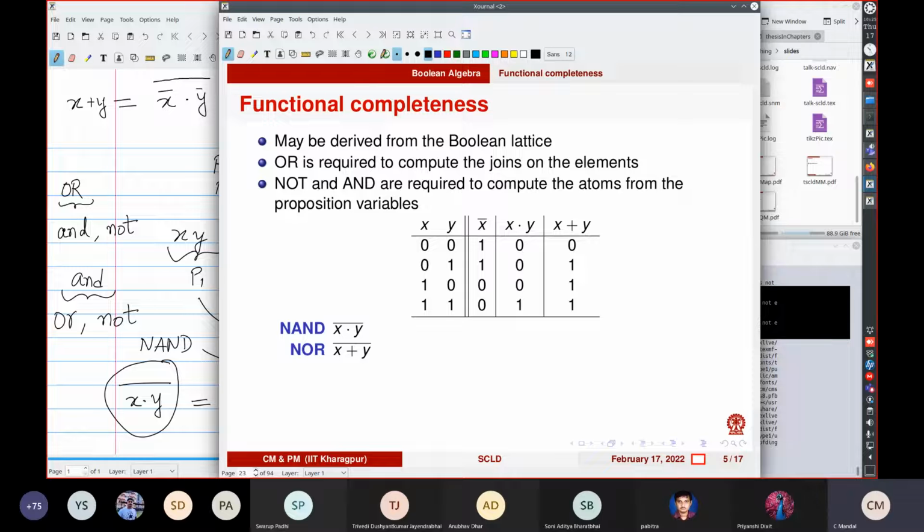So can you just work out in your notebooks that NOR is also functionally complete? Just work it out in the same way.